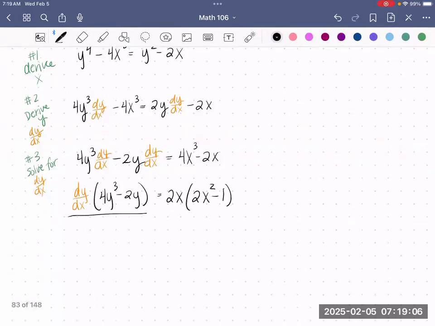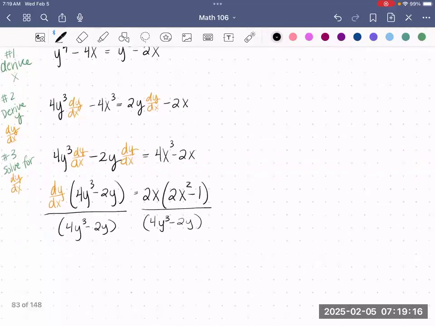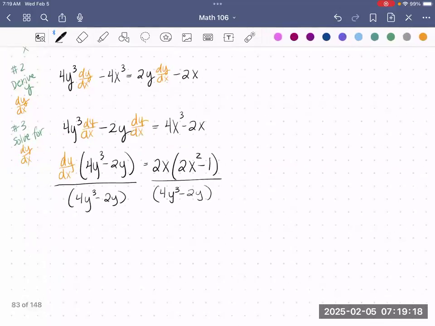And lastly, let's go ahead and divide by 4y cubed minus 2y. So dy dx is equal to 2x squared minus 1.